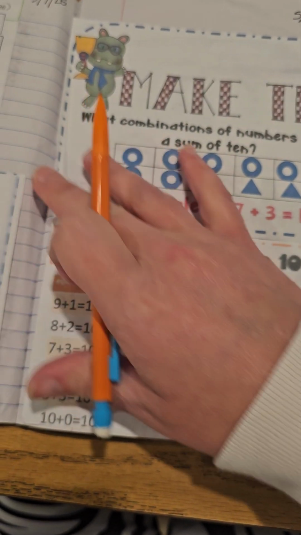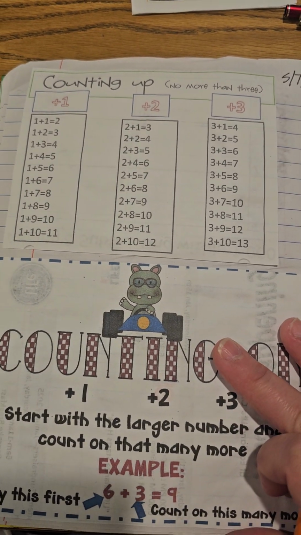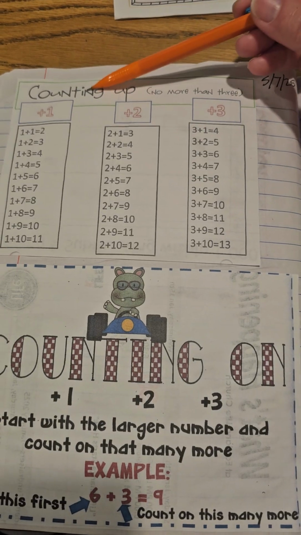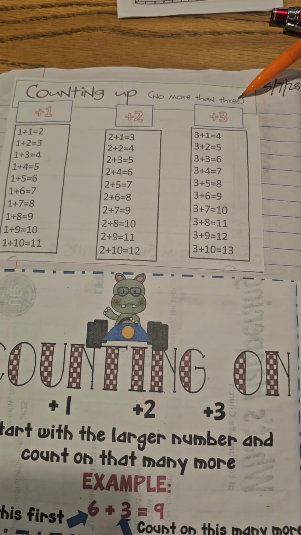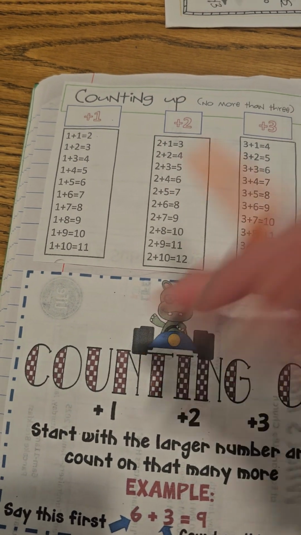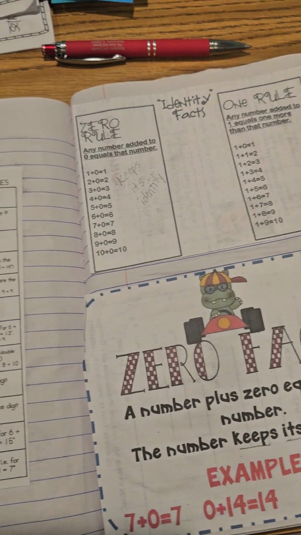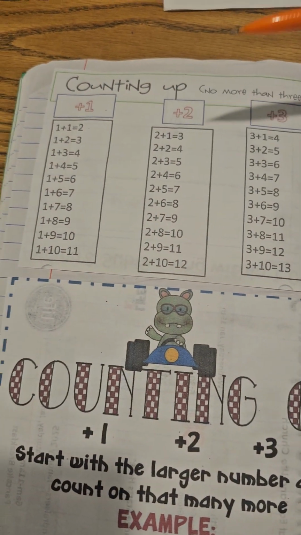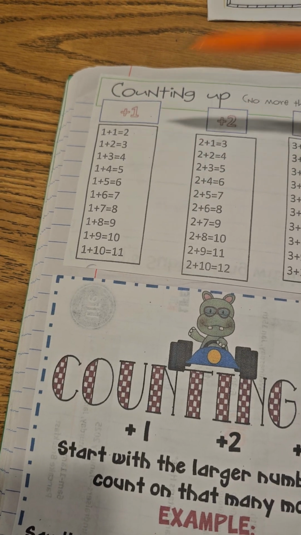Turn the page. Any writing that you do, you need to make sure it's small. Now this is the counting up strategy. They don't do any more than 3. Here's the +1, which we already did over here about the 1 rule. So you actually didn't need flashcards for this.